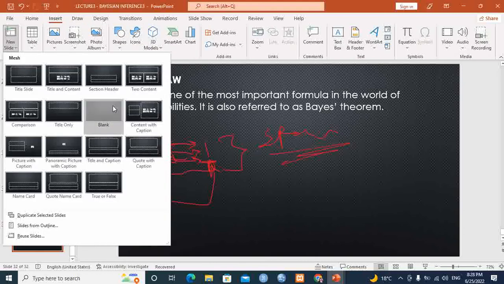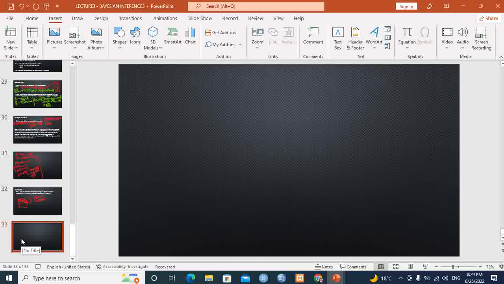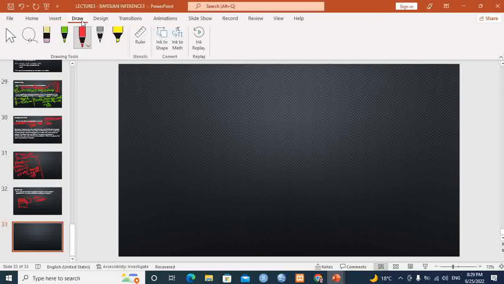Allow me to insert a new slide here. All right. So let's say we already know that from the multiplicative rule, probability of A intersection B is equal to probability of A given B times probability of B. Right? We have already seen this.